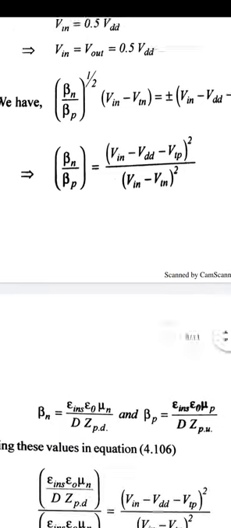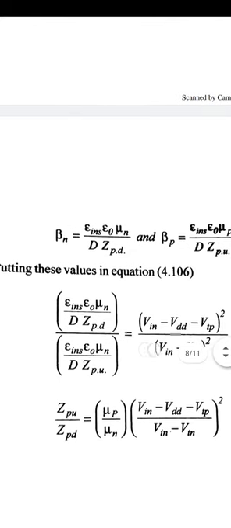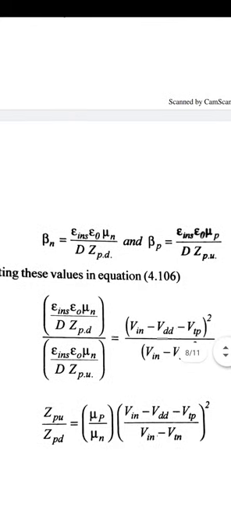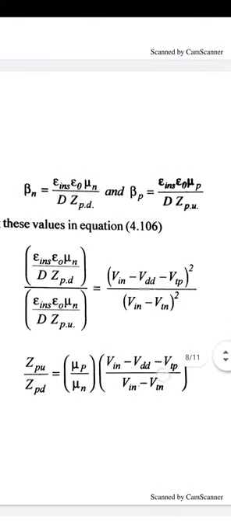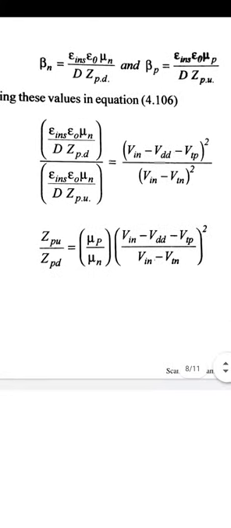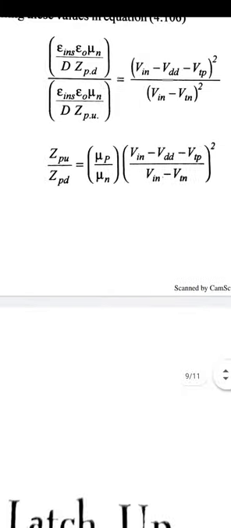When we put the standard values of beta n and beta p in terms of mu n, mu p, t, epsilon naught, epsilon r, we finally get the pull up ratio upon pull down ratio, equal to mu p upon mu n times (V input minus VDD minus V threshold voltage) upon (V input minus V threshold voltage of the N transistor) whole square. That is the pull up to pull down ratio for the CMOS inverter.